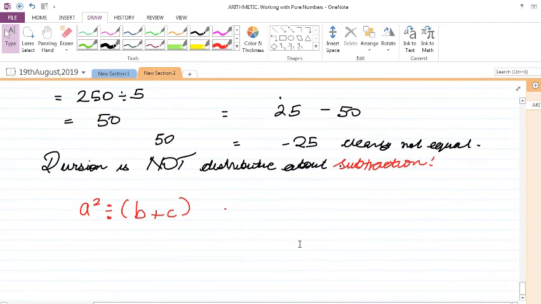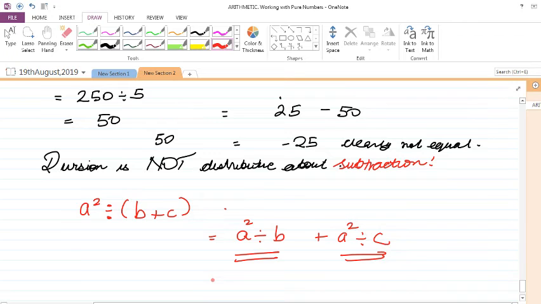You cannot say this is a squared divided by b plus a squared divided by c. Students do these things all the time. That's the major source of their undoing.